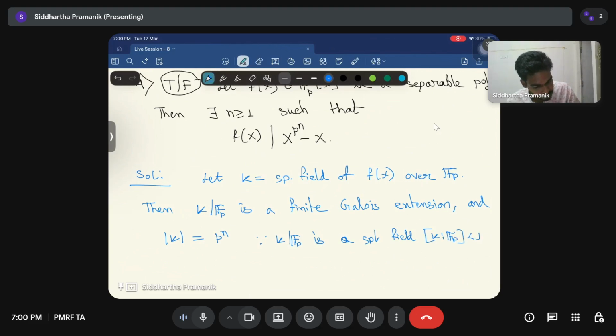K over Fp is finite, so that will imply the cardinality of K is also finite, because K is a finite dimensional vector space over a finite field.